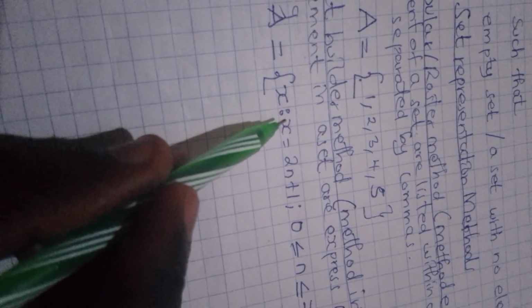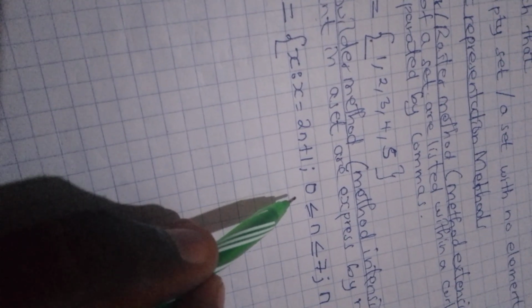So we say that set A = {x such that x = 2n + 1, 0 ≤ n ≤ 7, n ∈ N}, where n belongs to the natural numbers. Natural numbers are notated like this, then you write the curly bracket.